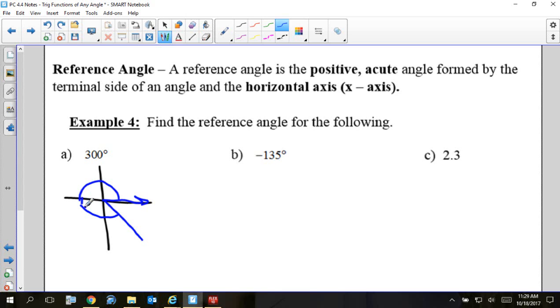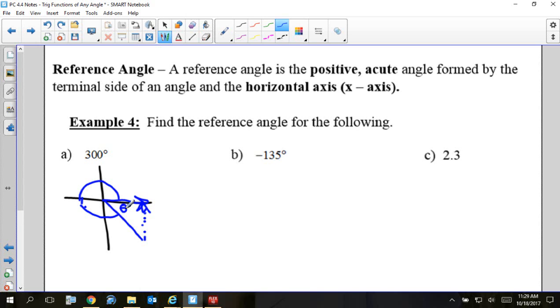It always goes between the terminal side, which is the radius, and the x-axis. So I'm looking at theta being here, my reference angle being there. I'm just going to use my common sense: well, the whole thing's 360.